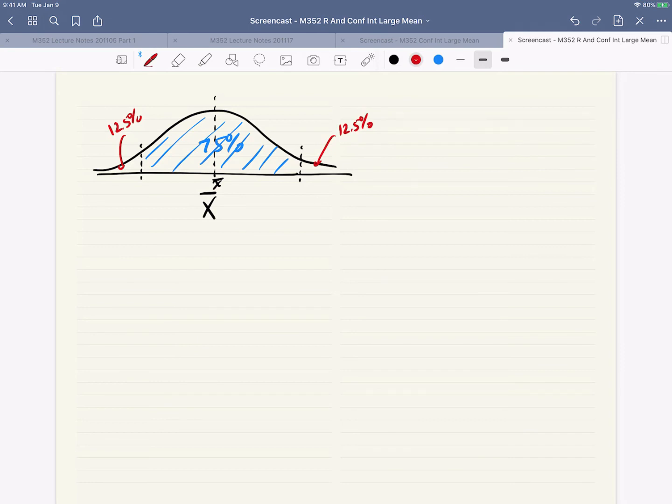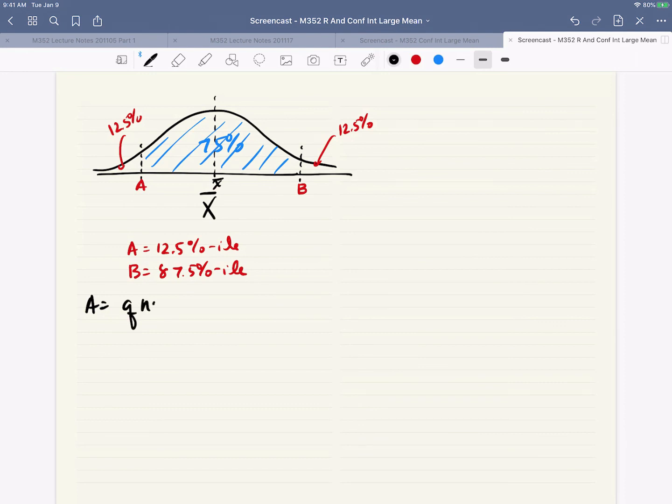So our confidence interval is going to go here from A to B, where A is the 12.5 percentile, and B is the what? 75 plus 12.5, that's 87.5 percentile. And we know R has a great way to calculate these things.